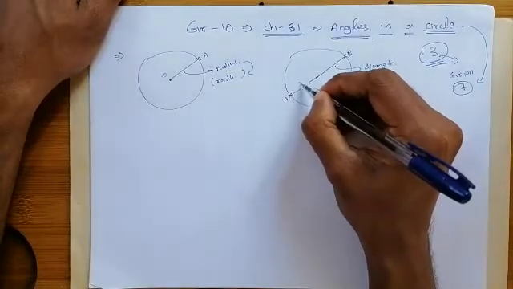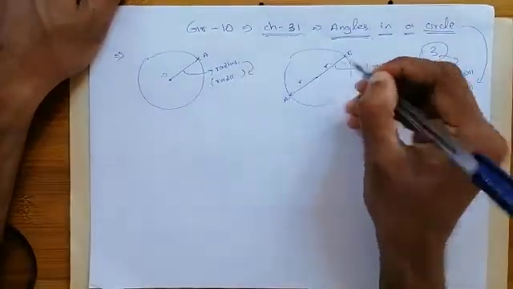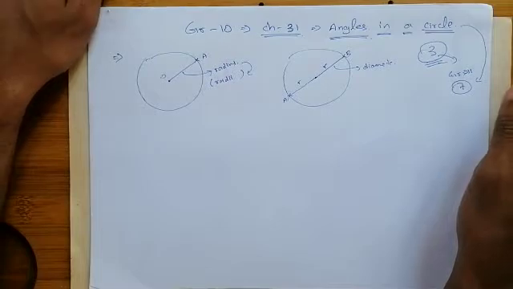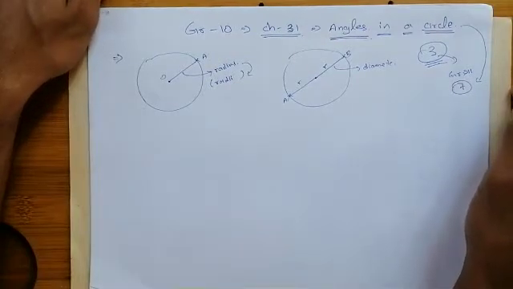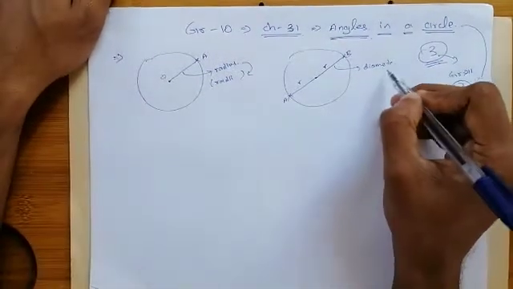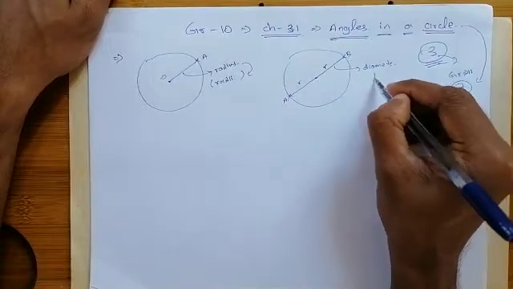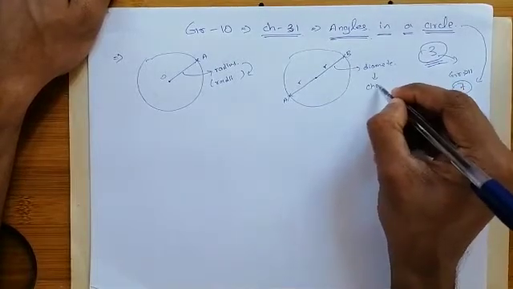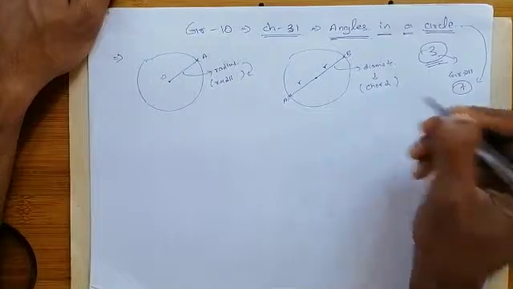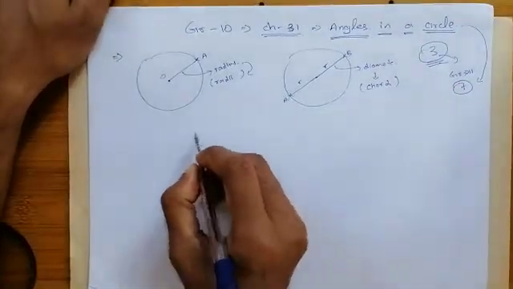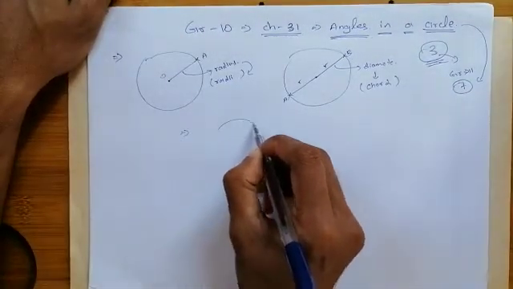So it is 2r. That's what we studied in finding circumference and area. We have another name, chord. That is the third component you need to know.